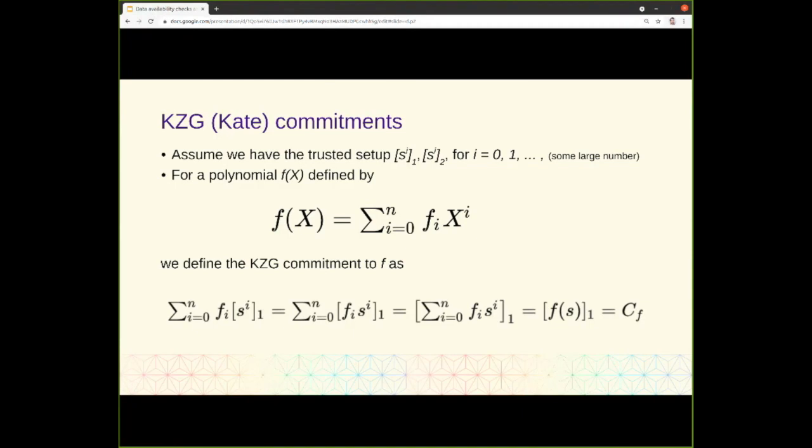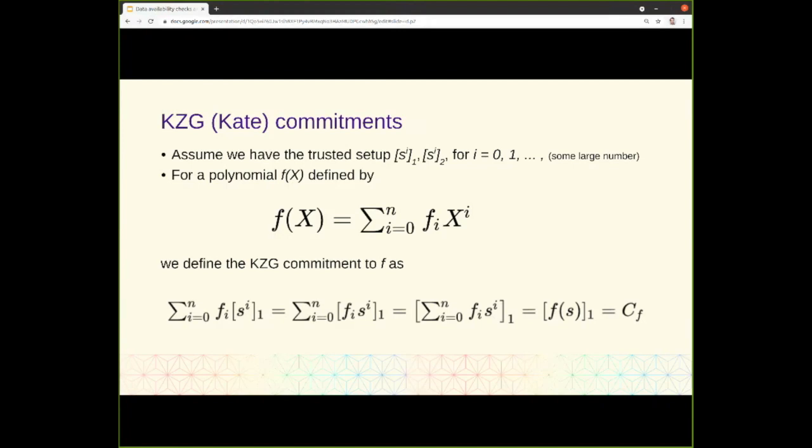Basically what we have is s to the power of i, these monomials, and these brackets denote that we want them as an elliptic curve element. The indices 1 and 2 are two different elliptic curves. We'll need two different ones because we'll need pairings, which I'll come to in a few minutes, and they usually only work efficiently over two different elliptic curves.